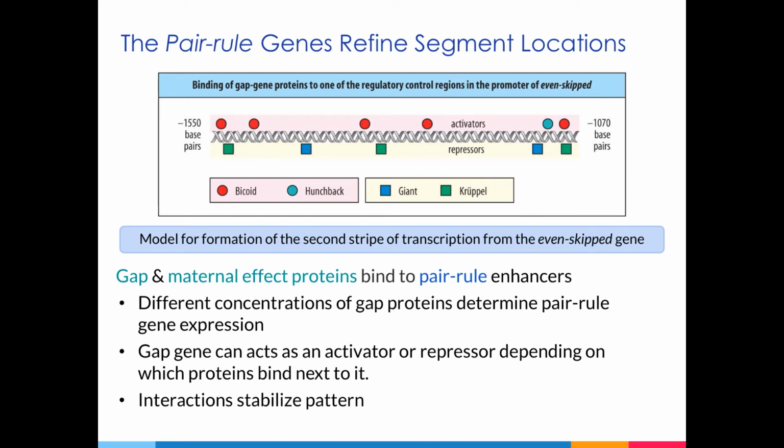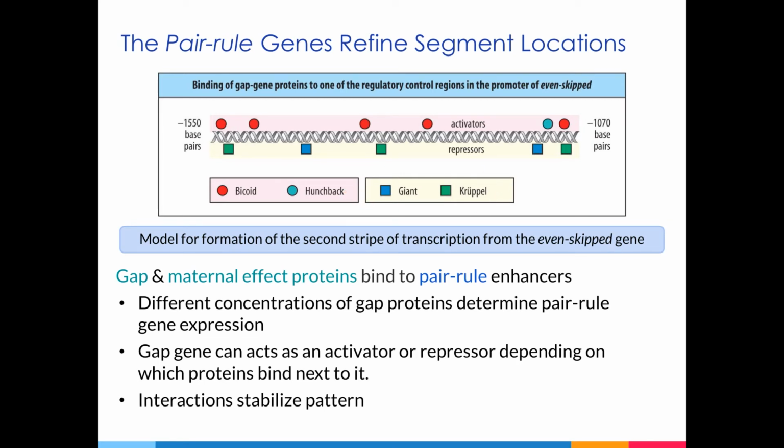This is an example showing the regulatory region for the 2nd stripe of the even skipped gene. The activators are shown above the line here and the repressors below. So you can see the activators include bicoid and hunchback, while the repressors, which are shown at the bottom, include giant and kruppel.